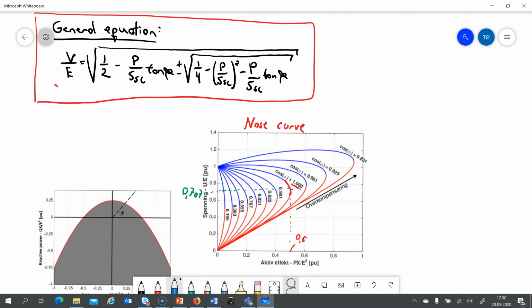If you see here, we can draw here. And in the undercompensation, that becomes lesser than 1. Okay, that's the undercompensated values. So this is how you can develop the curves.